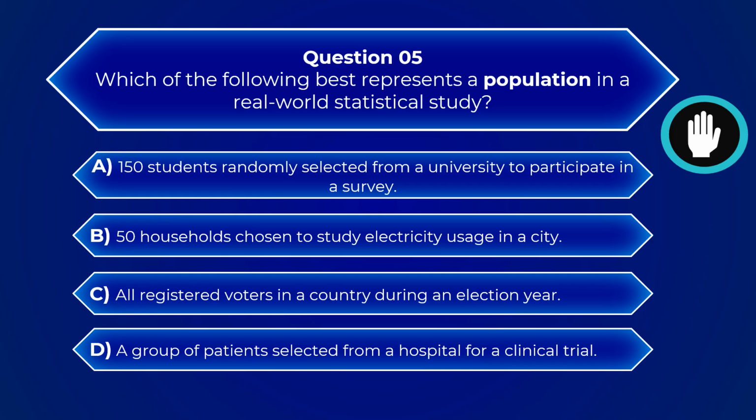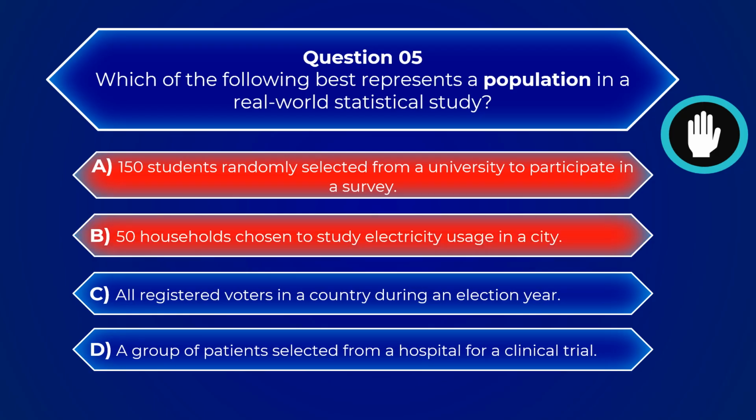So when we say 150 students randomly selected, here we select randomly 150 students. So here it is a sample, it is not a population. 50 households chosen. So here we have chosen 50 households to study electricity. So here also is a sample, it is not a population.